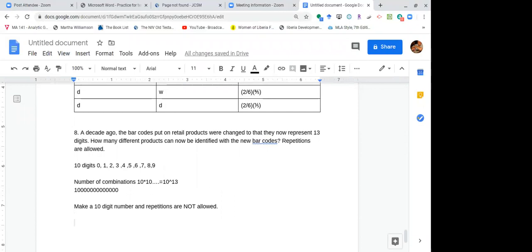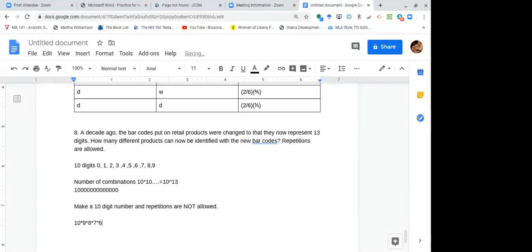The first is 10, then I have 9, then I have 8. Because if I choose a digit, say I choose a 1, then I can't choose a 1 anymore. So I have 9 digits left. And then I choose a 5. Well, now I can't choose 1 or 5, so I have 8 digits left. And you do that until you don't have any more digits because it's a 10-digit number.